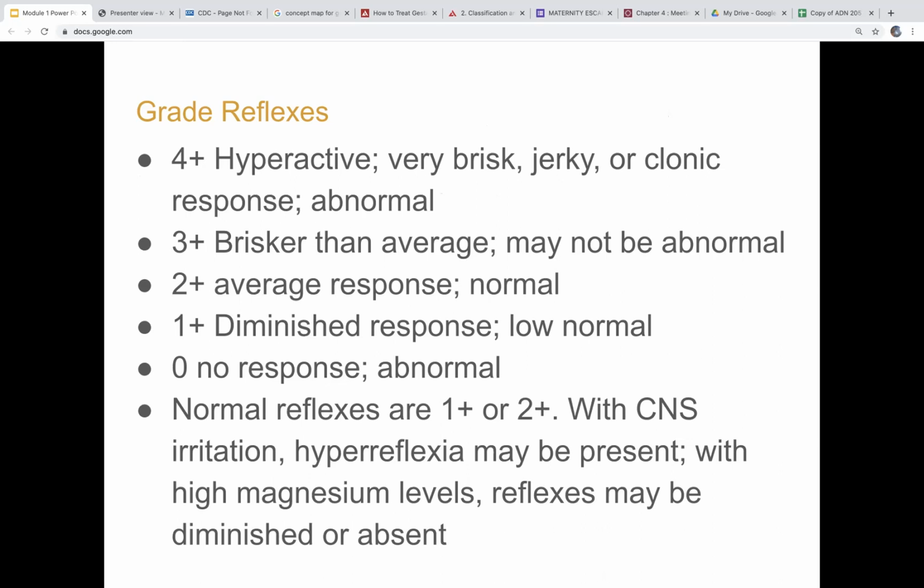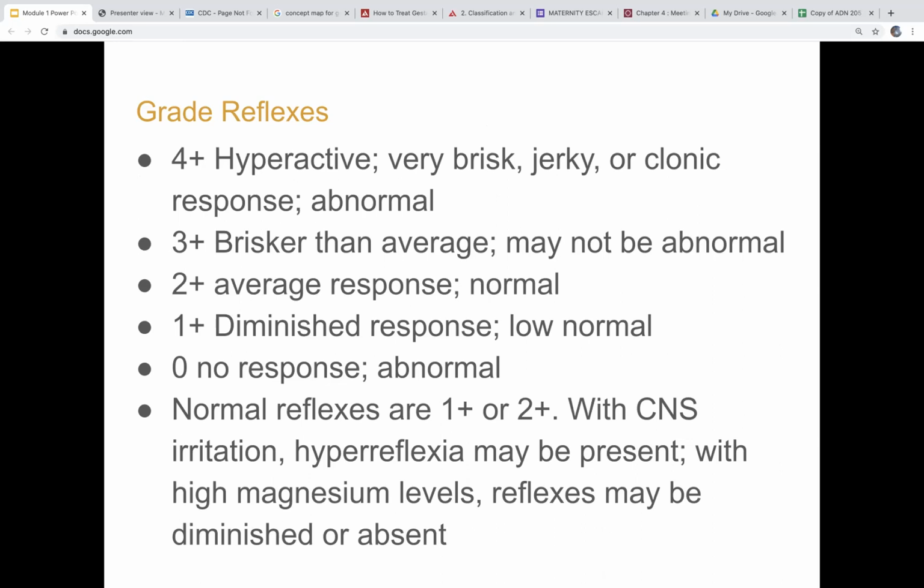We want to have a +2 response. A +4 response is your seizure activity. Very brisk, jerky, clonic is your +4. No response, you see that with mag toxicity.